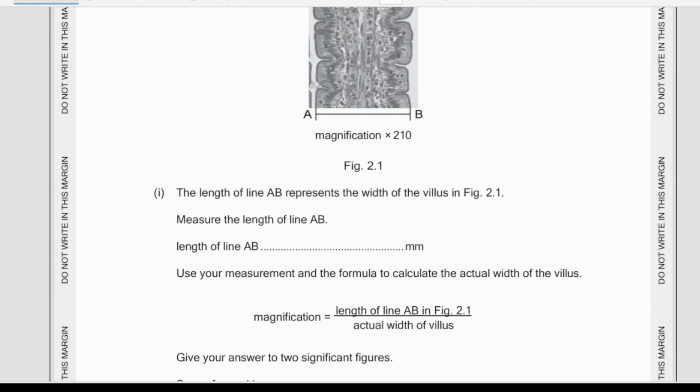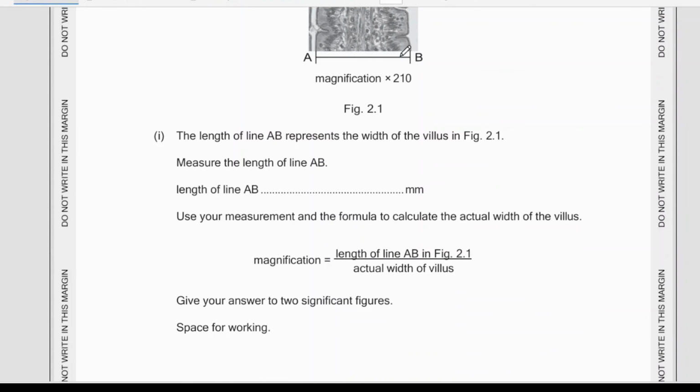So its length is, wait, let me use my scale. Okay, it's almost 3 centimeter. So it's around 3 centimeter, or I guess 3.1 or 3.2 centimeter for you.